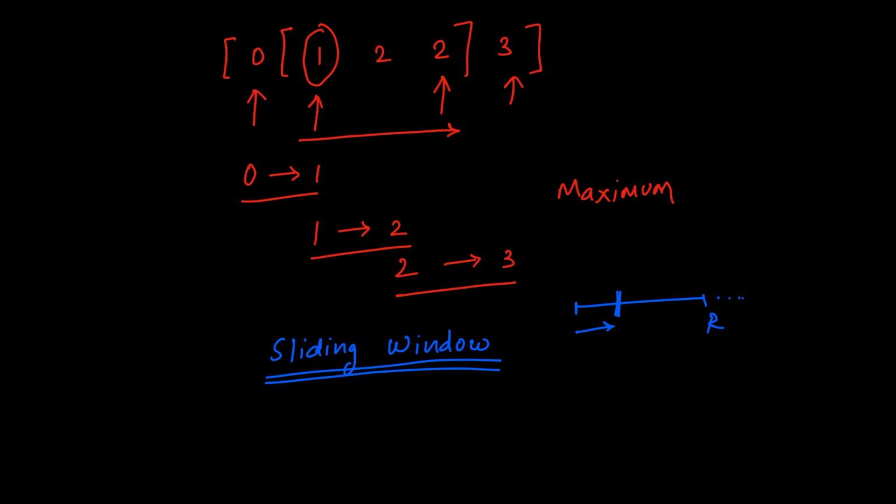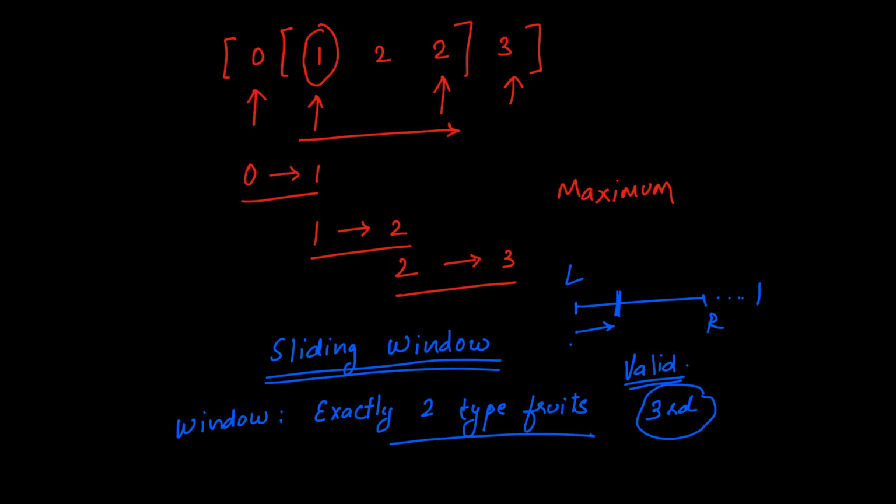If the basket condition is satisfied, we'll try to expand the window by incrementing the right pointer, or else shorten the window by incrementing the left pointer to make sure that the condition is met. As discussed, the criteria here for the window is to make sure we have at most two types of fruits in the basket. When we try to expand the window and we encounter a third type, we should remove the fruit that the left pointer is pointing at and increment it by 1. I hope you are able to understand how sliding window will be helpful here.